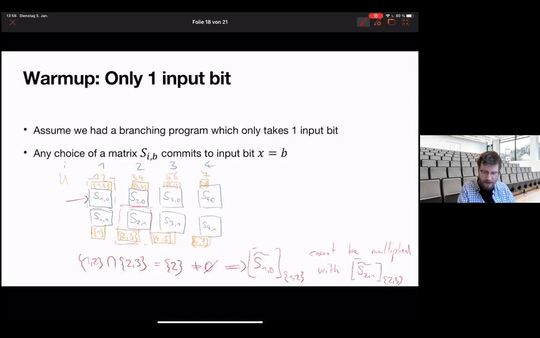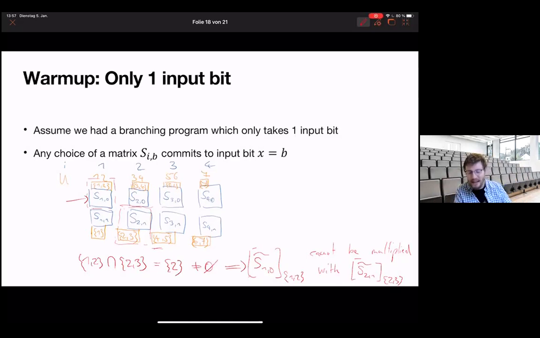We've seen that I cannot change my mind at the second position. So at the second position, I have to choose the same thing. I have to choose S2, 0. Now, what if I try to change my mind in the third position? Then the same problem happens, right? Now, 3, 4 intersect 4, 5 is 4, which is not the empty set. And so changing our mind doesn't work.